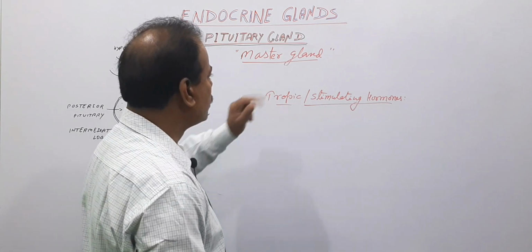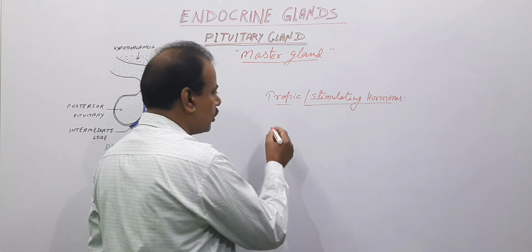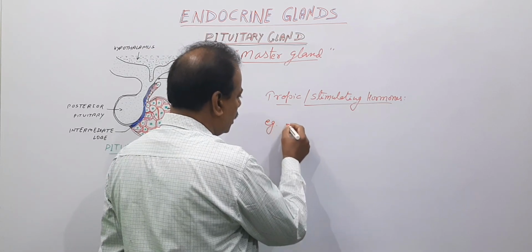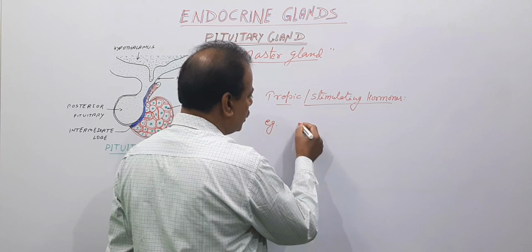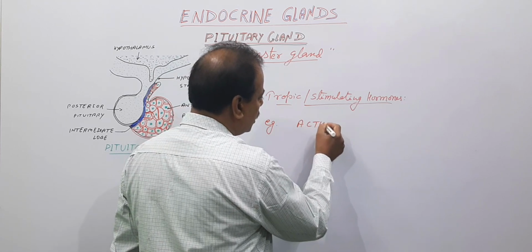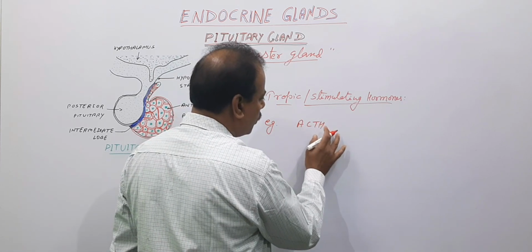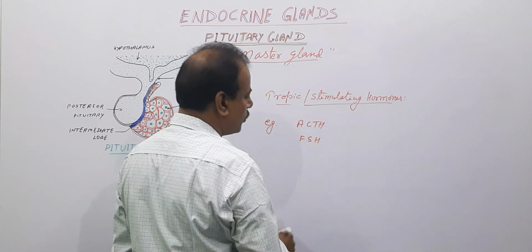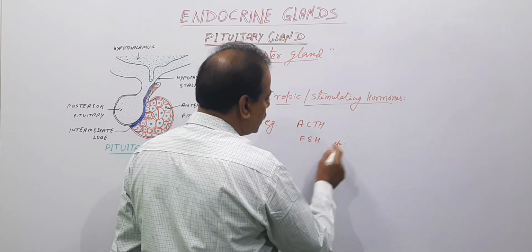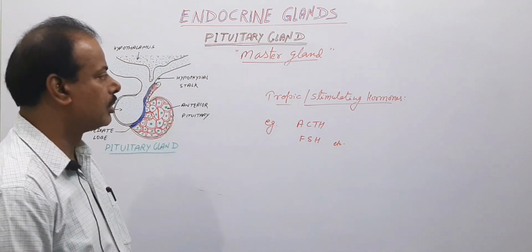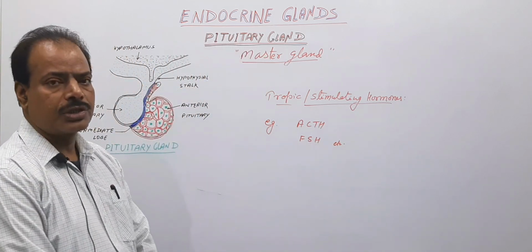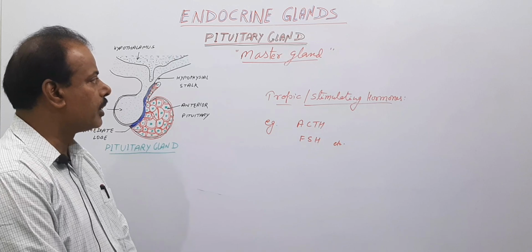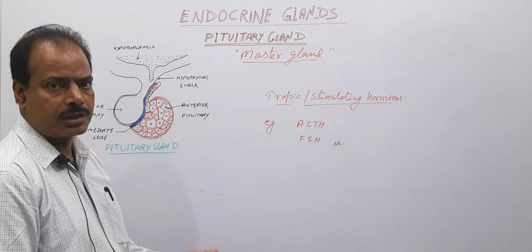That's why it is known as master gland. Examples of tropic hormones are ACTH, adrenocorticotropic hormone, or FSH, follicle stimulating hormone, which control activities of other endocrine glands by stimulating them.